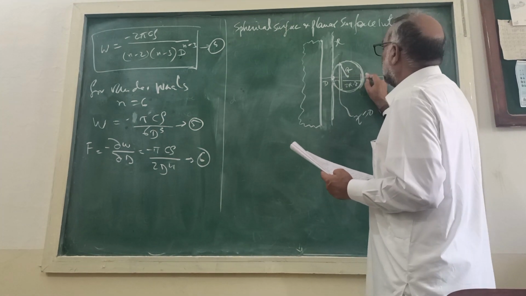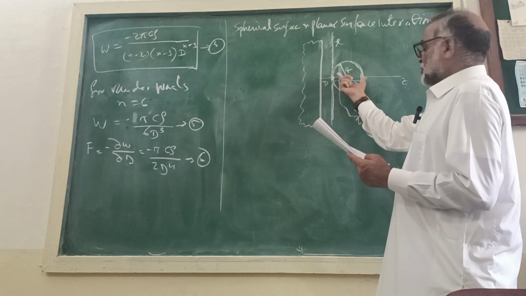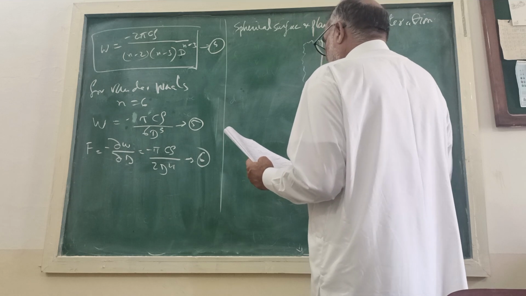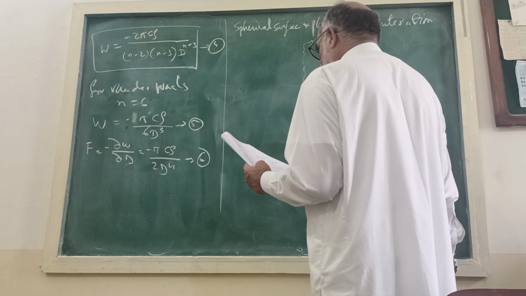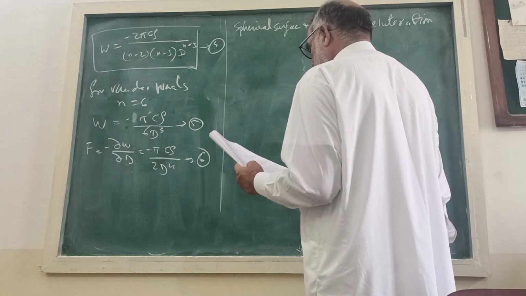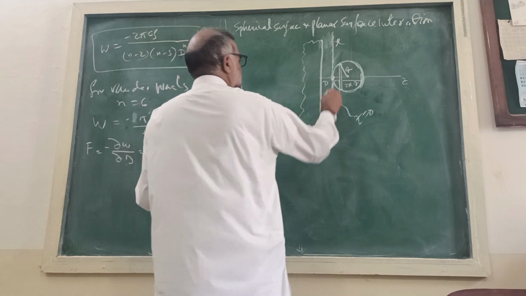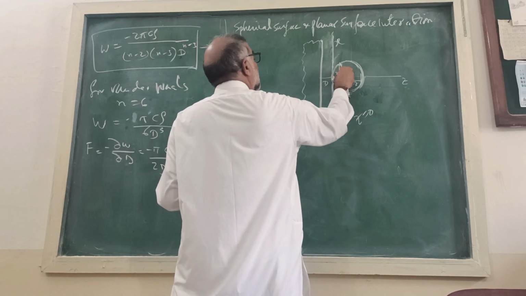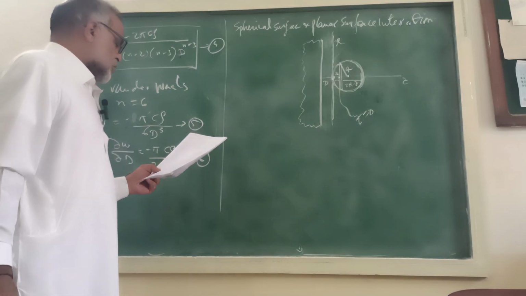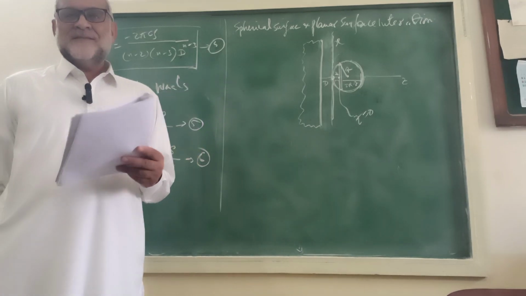The 2r minus z, yes. That's it. That was the 2r minus z, right? And here comes z. Right? So look, it will be like this.